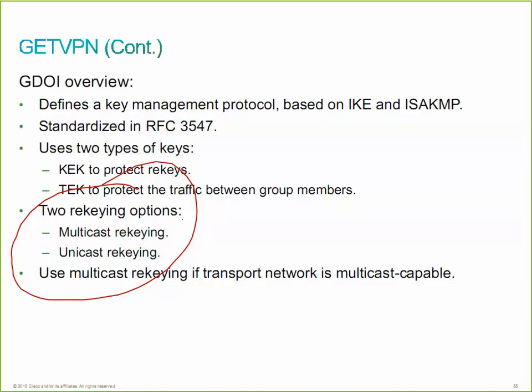Because the group member doesn't actually send an acknowledgement in this case, because it's a multicast message, the rekeys are actually transmitted a couple of different times every rekey period, just to make sure that they get to their destination. So it does generate a little bit more traffic than we would typically see in a unicast environment. Okay.